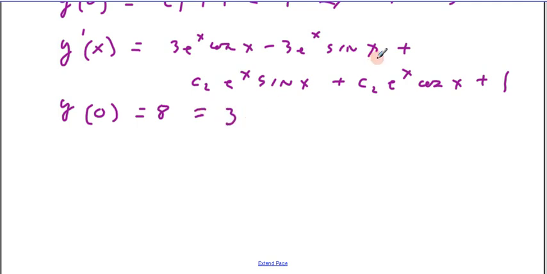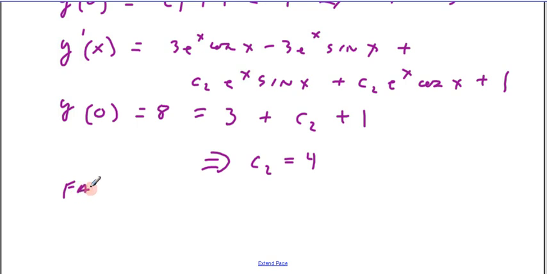The sine is 0, it goes away. Over here the sine of 0 goes away. Plus C2 plus 1, which implies C2 is equal to 4. Okay, C2 is equal to 4.